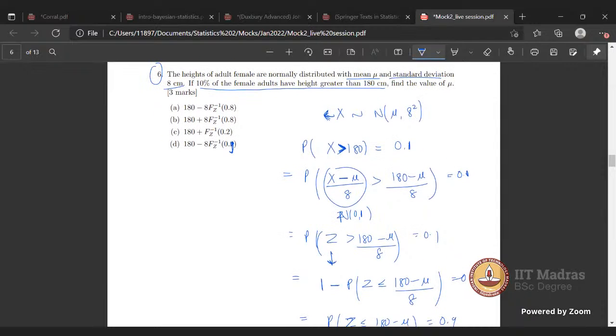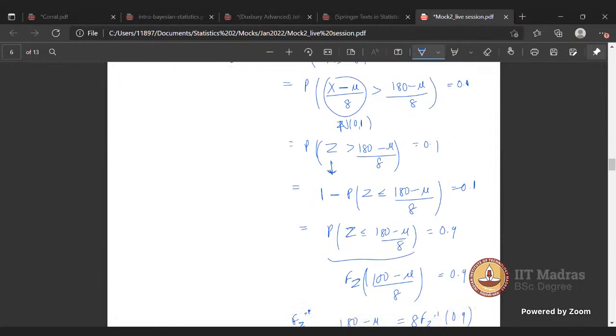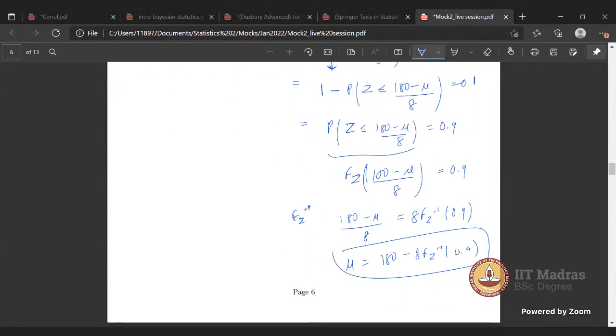The weak law of large numbers we generally use for finding a bound, right? That will not give you the exact value. Here I want to find the value of mu. The parameters are also not available. N is not available.